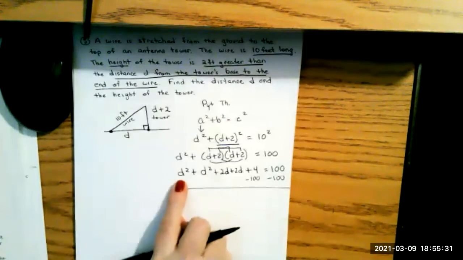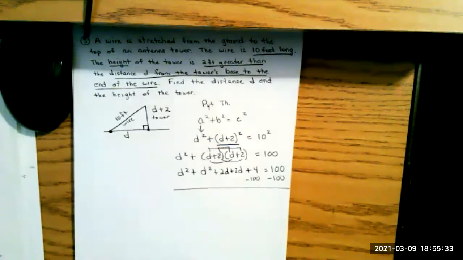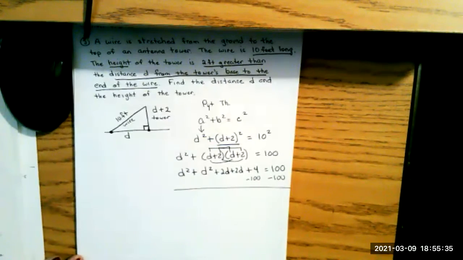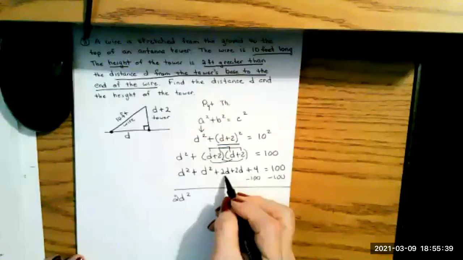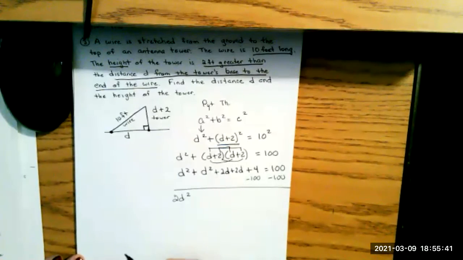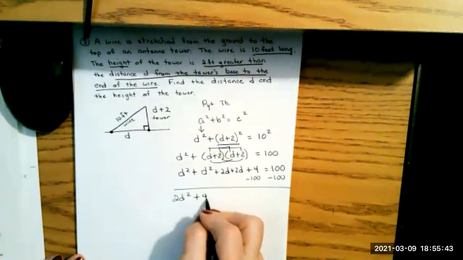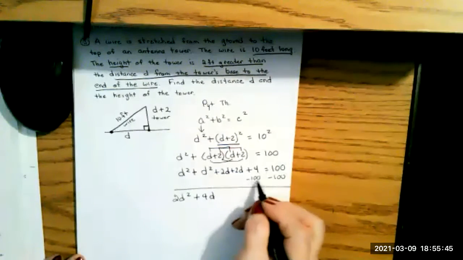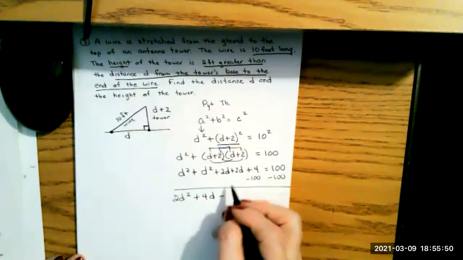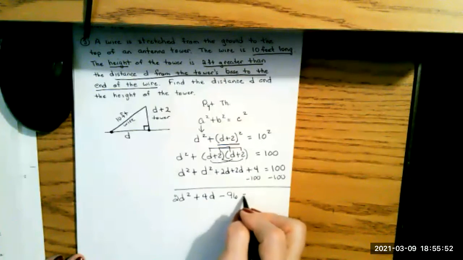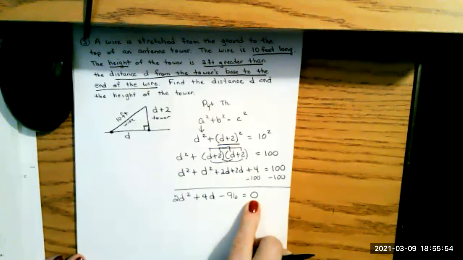So what's 1d squared plus 1d squared? 2d squared. And 2d plus 2d is? 4d. And 4 minus 100 is? 96. Now I have a 0 over there, which is what I want.